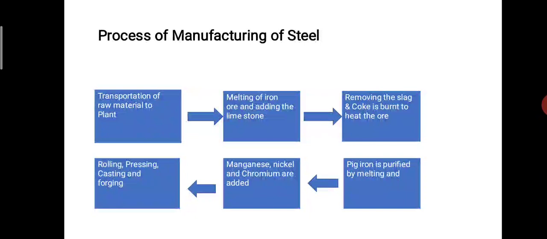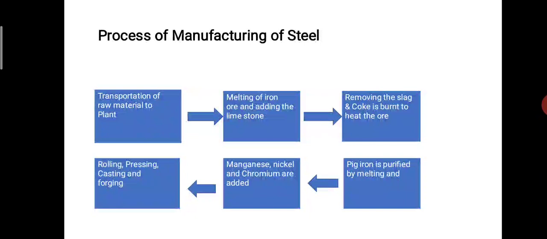Second stage of melting. Third, removing the slag, and coke is burned to heat the ore. This shows how the particular mixture is added and the process of removing slag. Fourth stage, see here the arrow is shown.